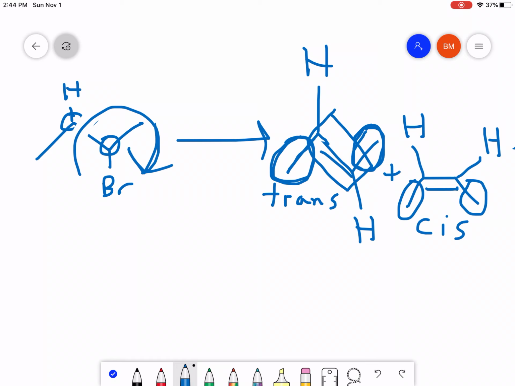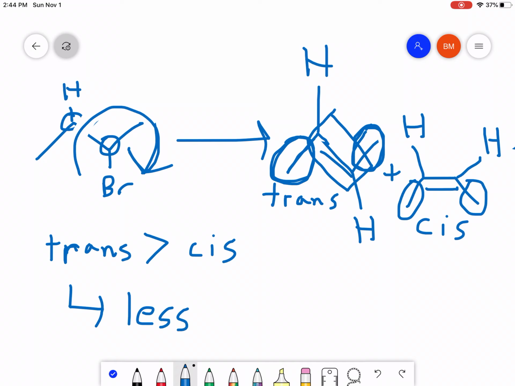And they don't have the same stability. One of them is a little bit more stable than the other one. Can you guess which one? Well, if you follow the patterns that we learned with rings, you can probably figure out that trans is more stable than cis. Why is that?